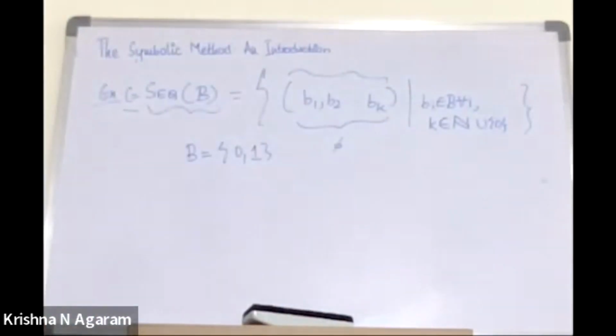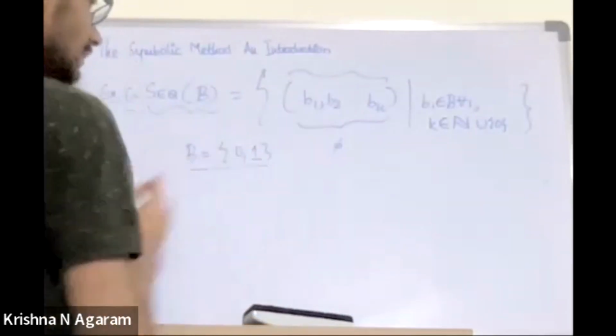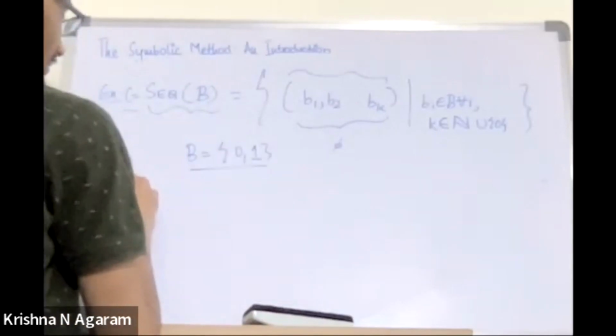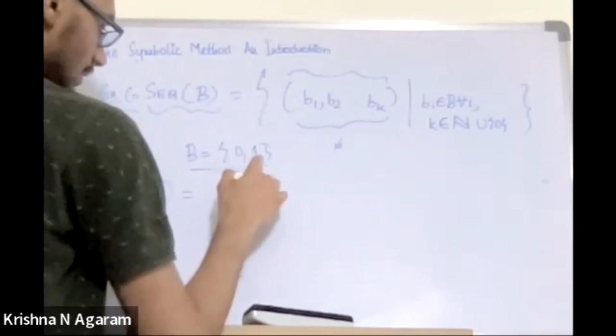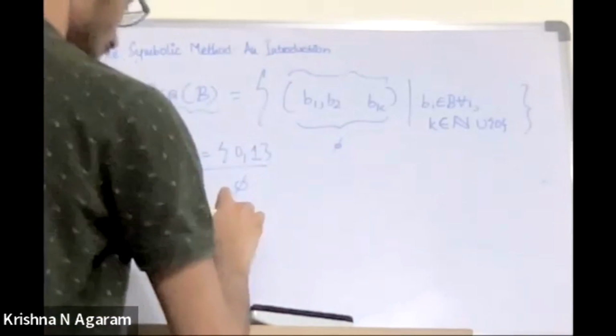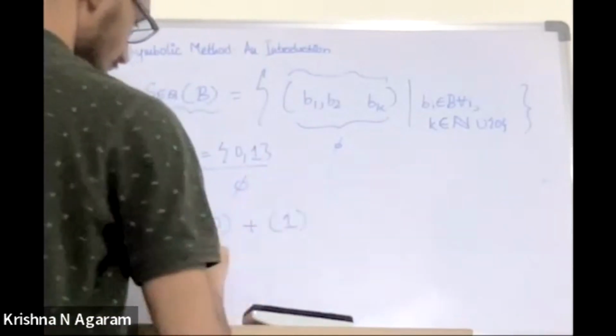The size of this is just the sum of all the sizes of all of these elements of B. So if B is 0, 1, then sequence of B is this plus the 0 tuple.